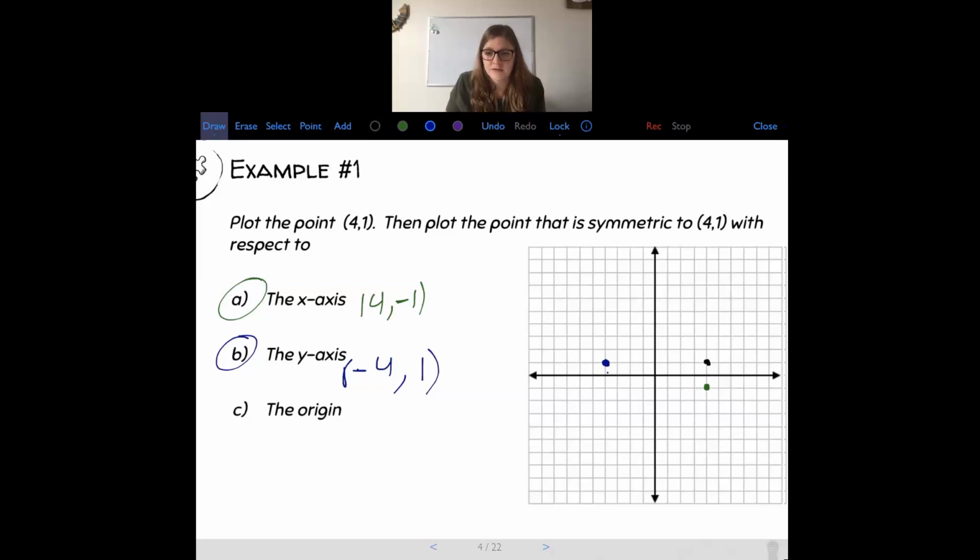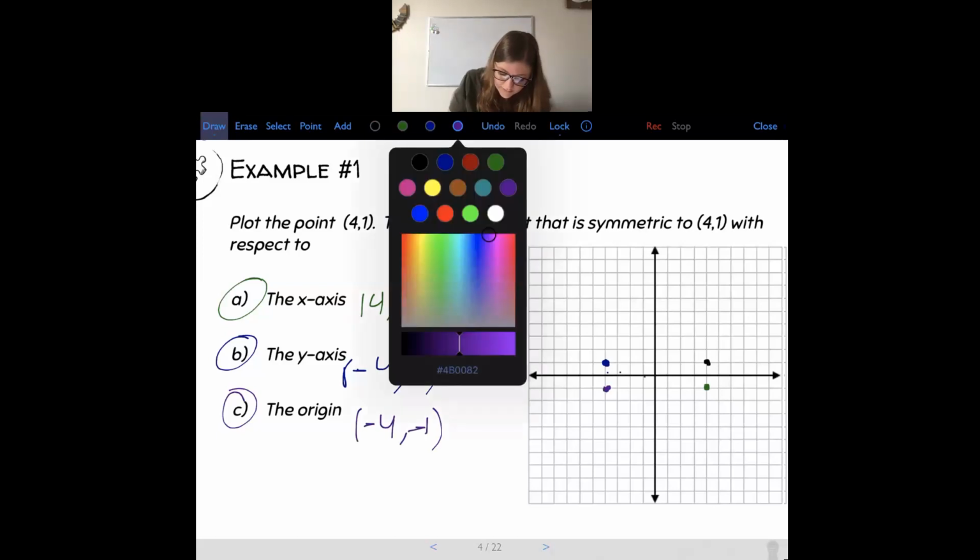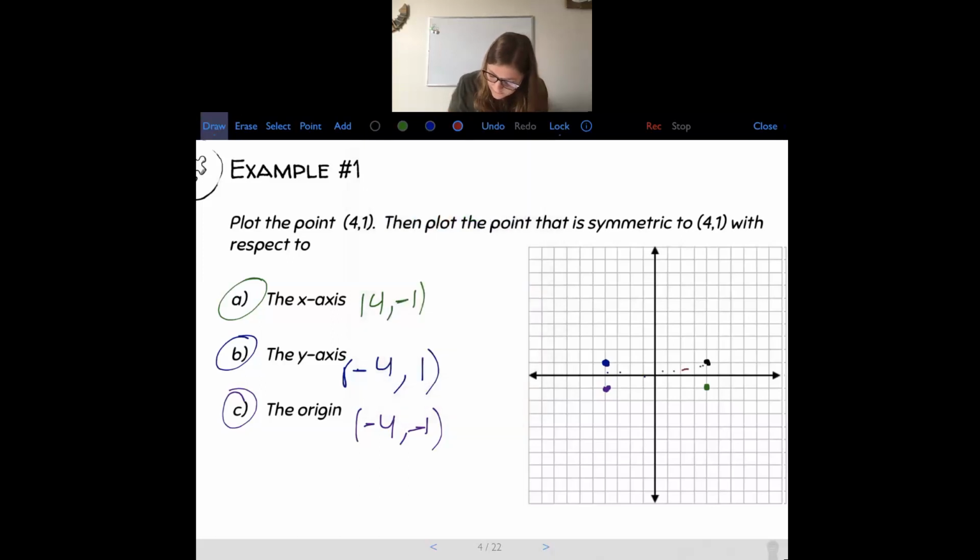Then with respect to the origin, again, you can do this visually, meaning if you rotate this point 180 degrees about the origin, that's where our other point is going to end up, or you could remember that it's opposite x, opposite y. Here's my line, 180 degrees, which puts it right there at that purple point.